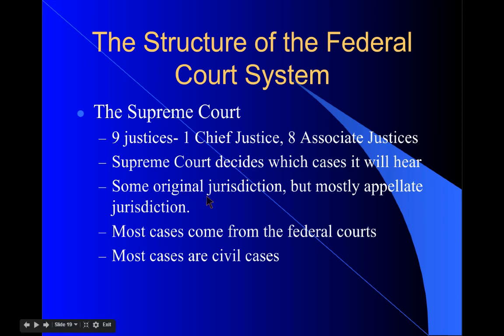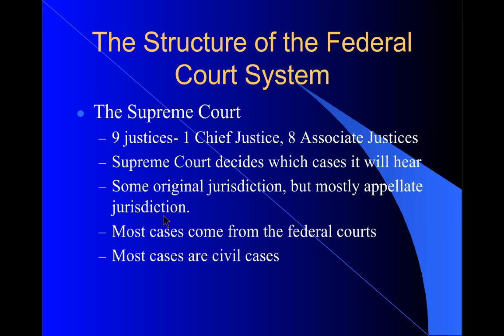They do have some original jurisdiction in some cases, but mostly they deal with appellate jurisdiction. That means you had your case at the district court and you appealed it to an appellate court, your 9th Circuit Court of Appeals. And maybe they got it wrong, and so you appeal it to the federal court. That's mainly what the Supreme Court deals with. They can also deal with issues that come from state courts.